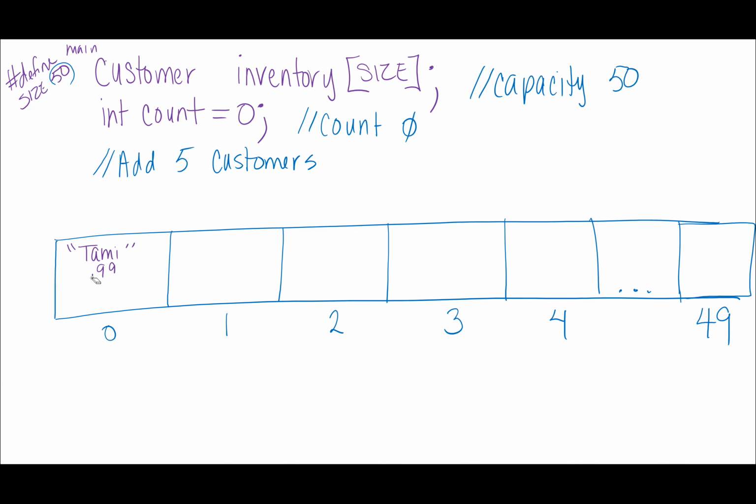Oh, I think the second field is actually the customer number. So this customer will be customer number 1, this customer will be customer number 2, number 3, number 4, number 5, all the way up to customer number 50. You will notice there is a relationship between the customer number and the index, but the relationship is not equal.